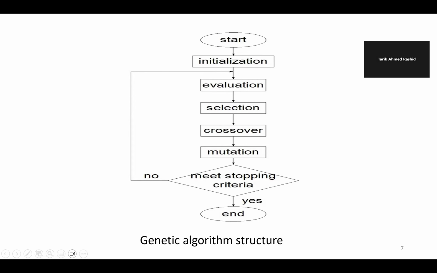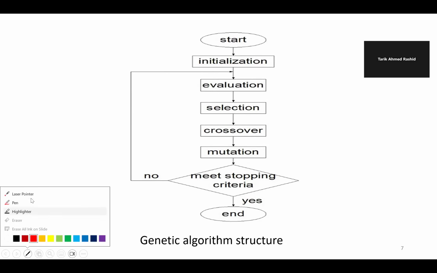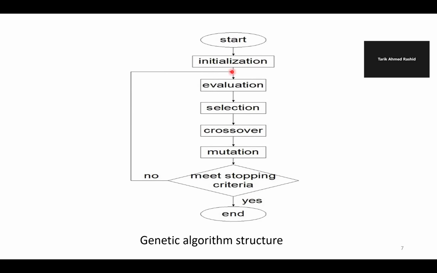Once the algorithm arrives at the convergence point, it stops. Otherwise, it goes back to evaluation again, and then selection, crossover, mutation, and so on. So it's a cycle. This is a basic genetic algorithm structure.